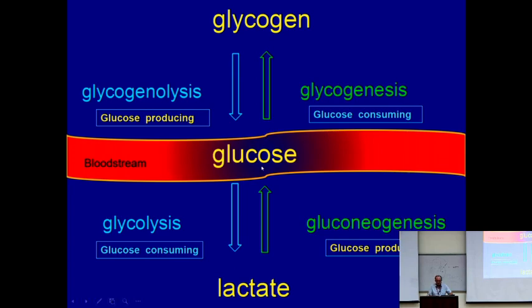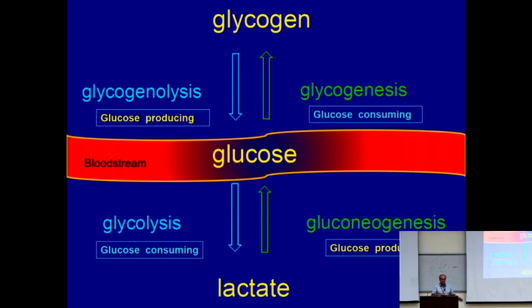There are two other processes involving glucose. Those are, as the subtitle shows, those processes, the function is to restore blood glucose. Restore it as it's dropping back to the normal level. And how do you restore blood glucose? Obviously, you restore blood glucose by producing glucose.